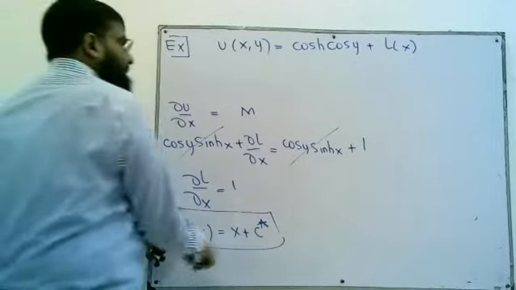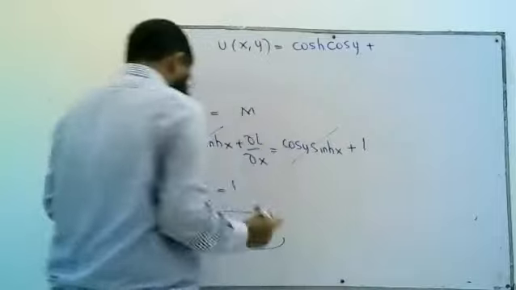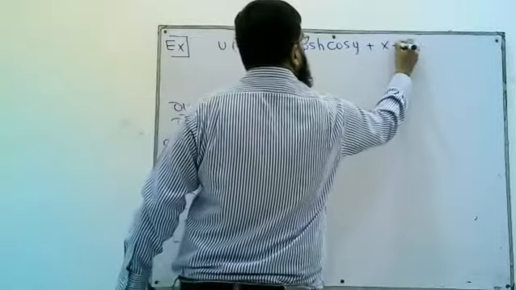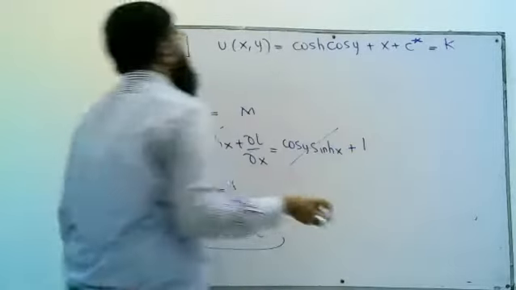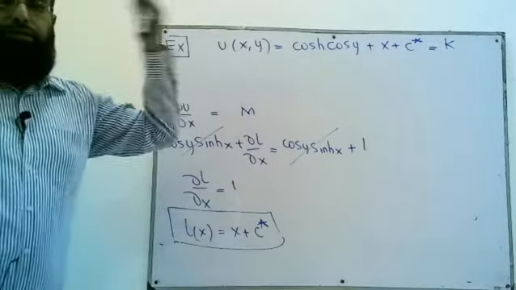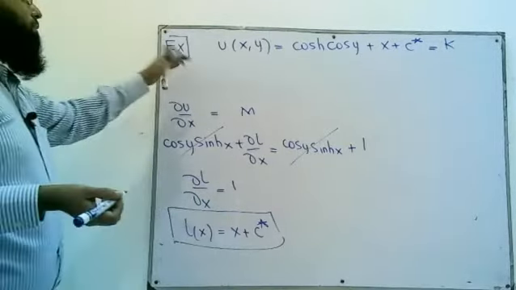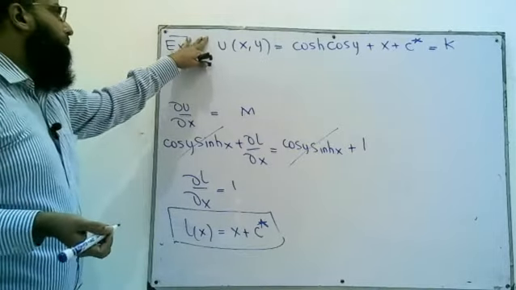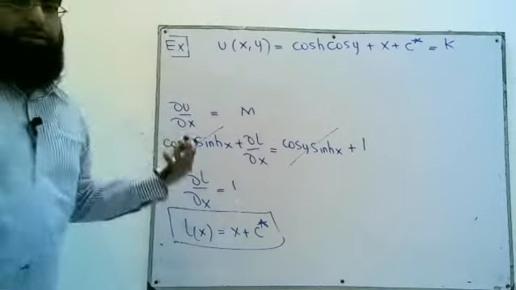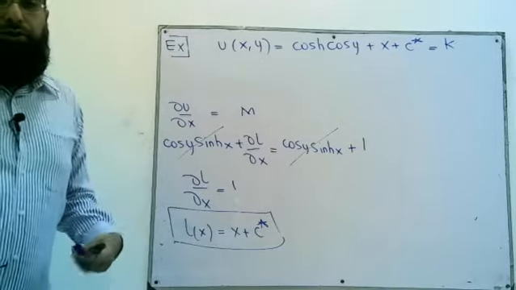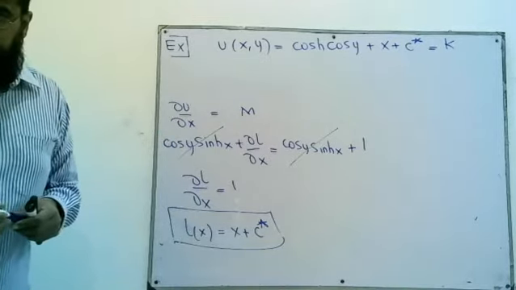So putting L of x here, L of x is x plus c star, and this must be equal to a constant, because this is our starting assumption, that we started with a function that was differentiable and was equal to a constant, and that generated the differential equation, the exact type of differential equation.